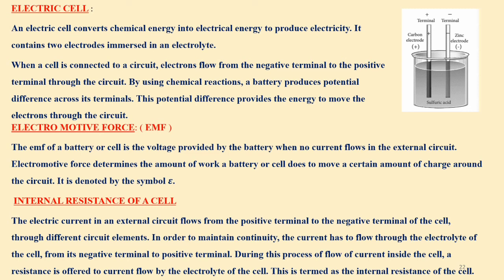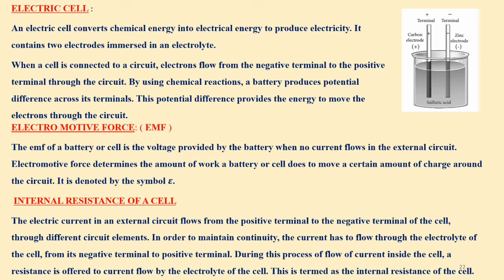Now we come to the definitions. Number 1, electric cell. An electric cell converts chemical energy into electrical energy to produce electricity. It contains two electrodes immersed in an electrolyte.